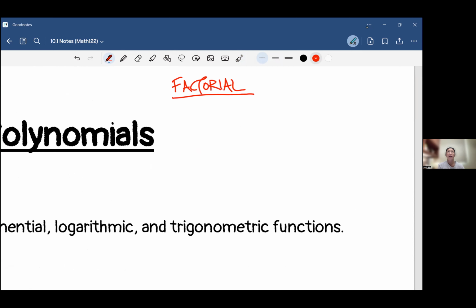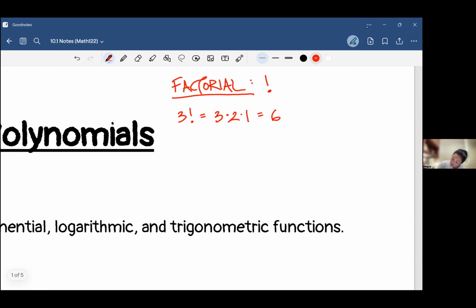Okay, so it turns out there's a concept called the factorial, and the symbol we use for that is an exclamation point. Okay, so your eyes are not tricking you. This is an exclamation point. And what it means is if I say like 3 exclamation point, that's really saying 3 factorial. And all that is 3 times 2 times 1, which will give us 6. Okay.